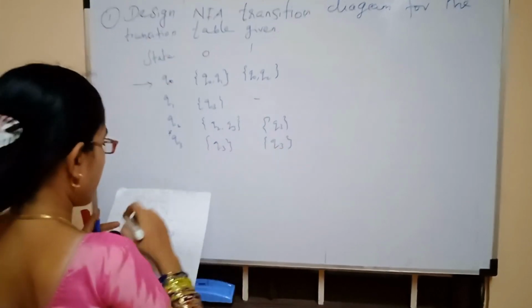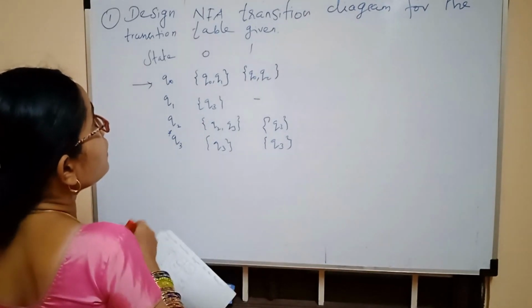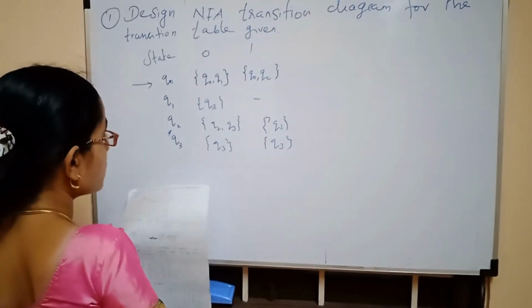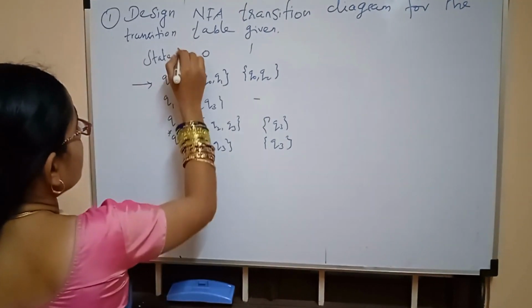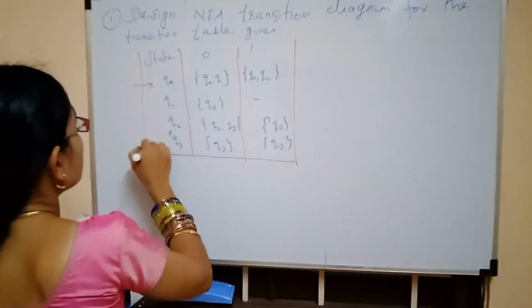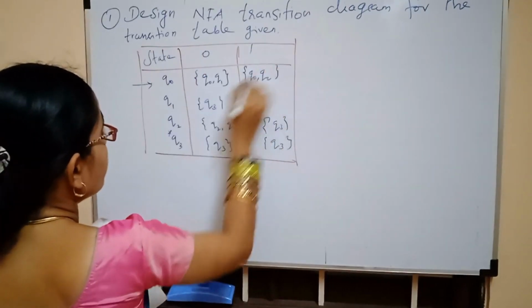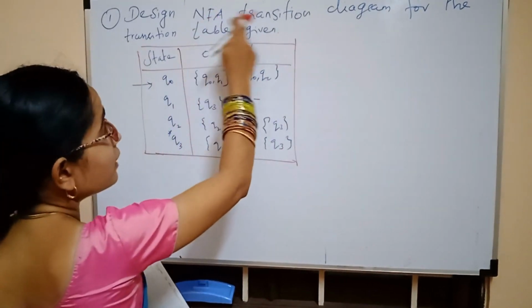This is what they have given. So they are asking to design the transition diagram for this table. This is the table given, and from this table you have to give the NFA transition diagram.